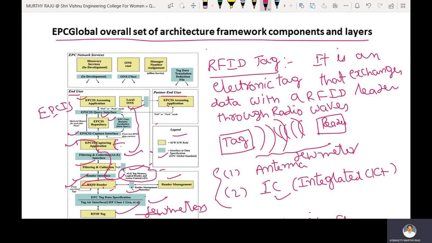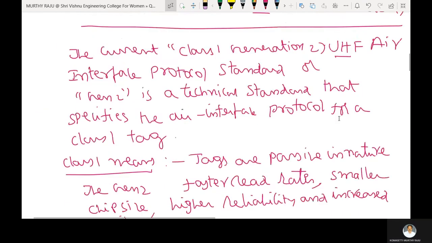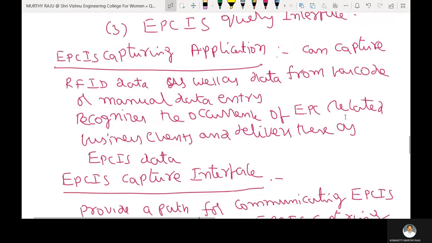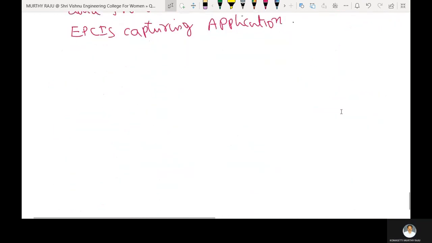Next, coming to ONS, the object naming system.